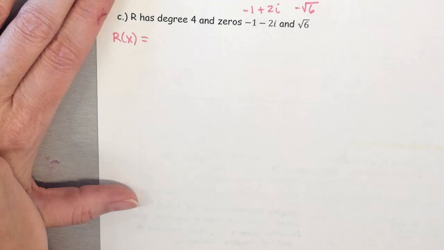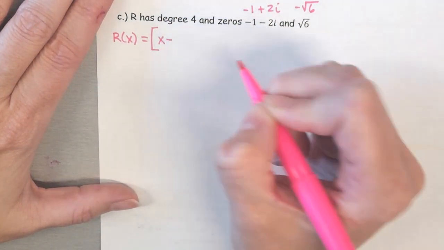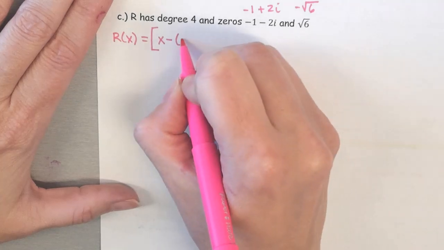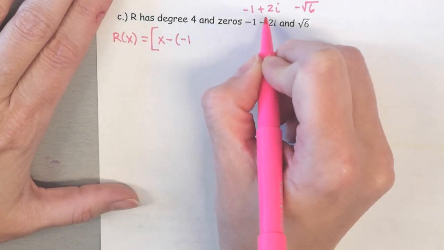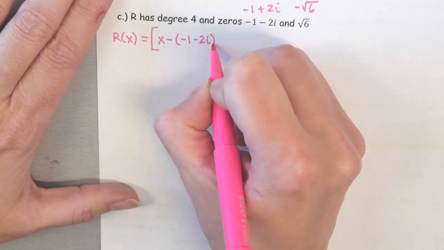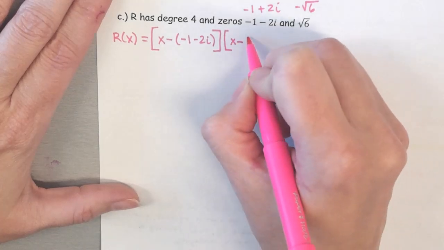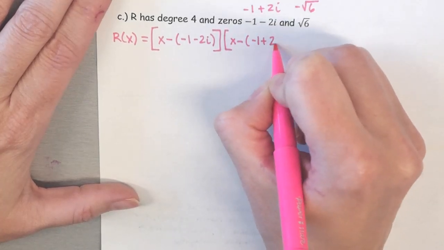Okay, so when you're setting these up, you have x minus negative 1, and you can put the plus 2i first, or you can put the minus 2i first. It does not matter. And then the x minus negative 1 plus 2i.